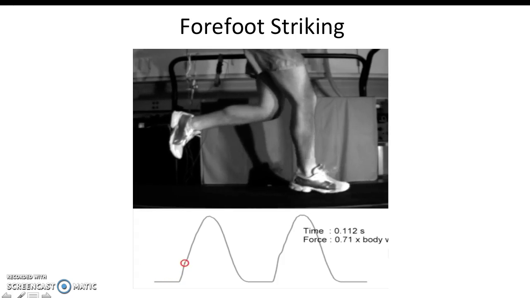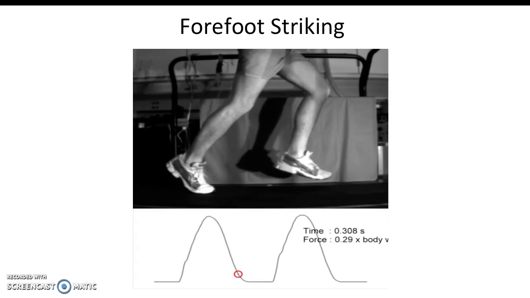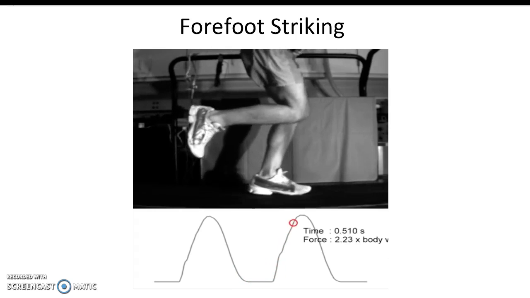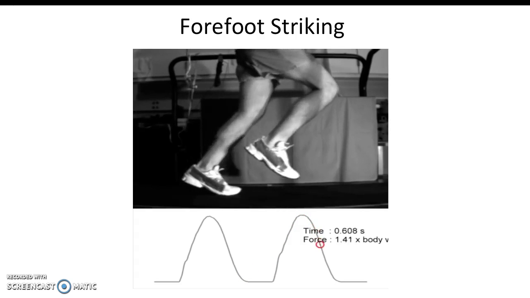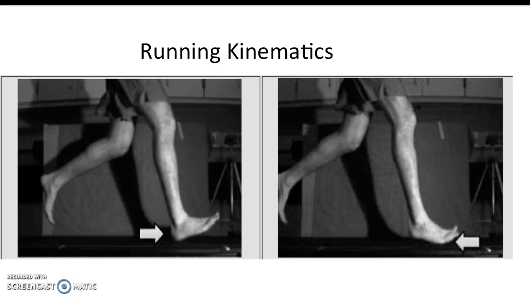In forefoot striking, however, the collision of the forefoot with the ground generates a very minimal impact force with no impact transient. Note that there is a continuum of different kinds of landings, from landing on the heel to landing simultaneously on the heel and ball of the foot, called midfoot striking, and landing on the ball of the foot, forefoot striking.